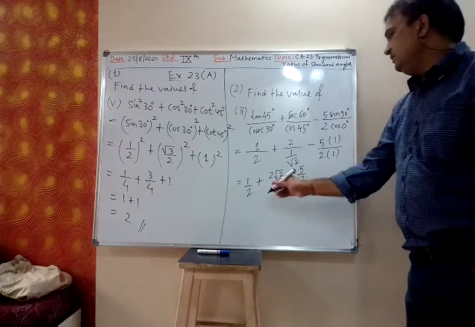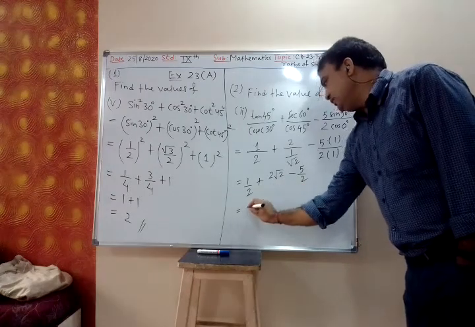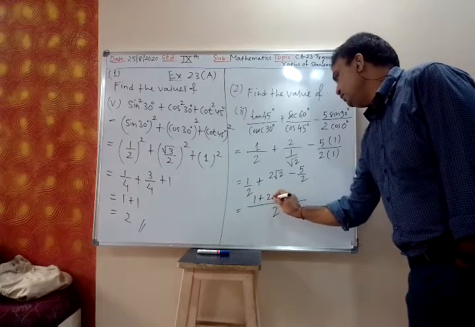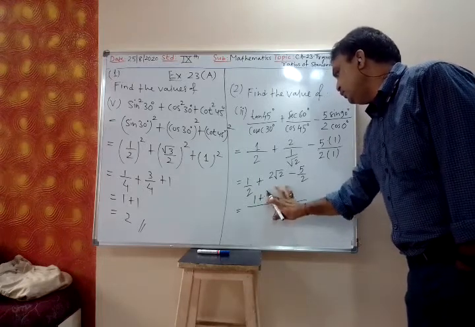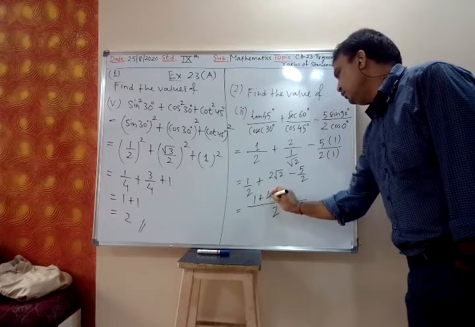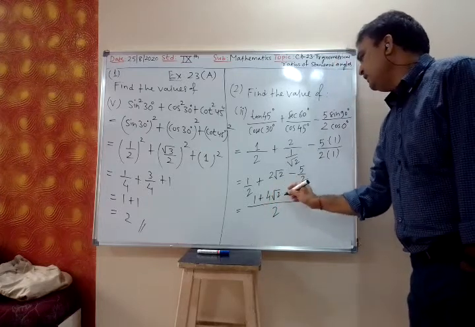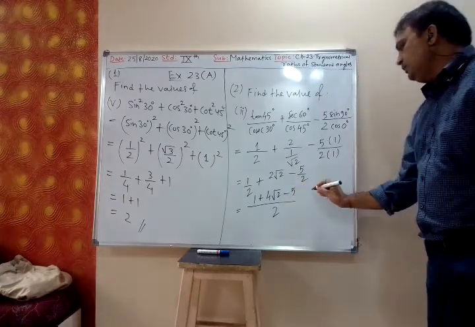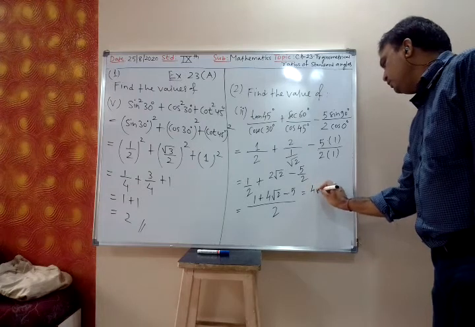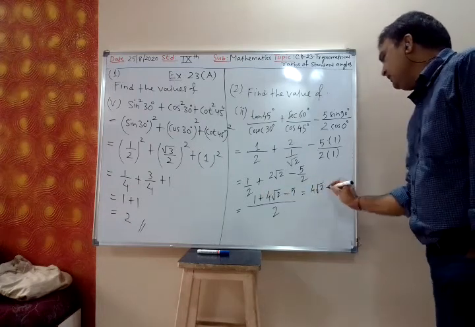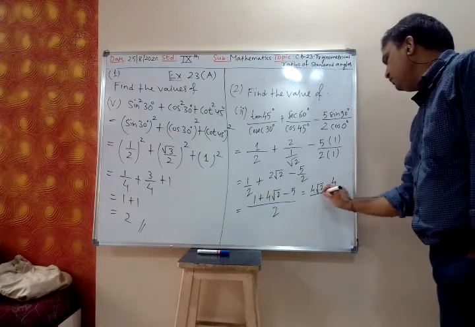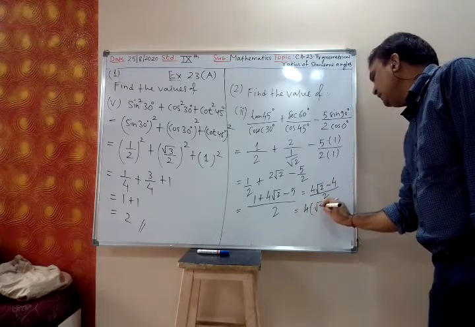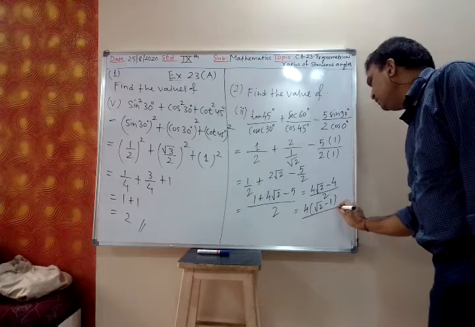Now we can take the LCM as 2. So this is 1 plus 2 root 2 into 2, that is 4 root 2, minus 5. So that is 4 root 2, 1 minus 5 is minus 4, upon 2. So 4 I will take common, so that is root 2 minus 1 upon 2.